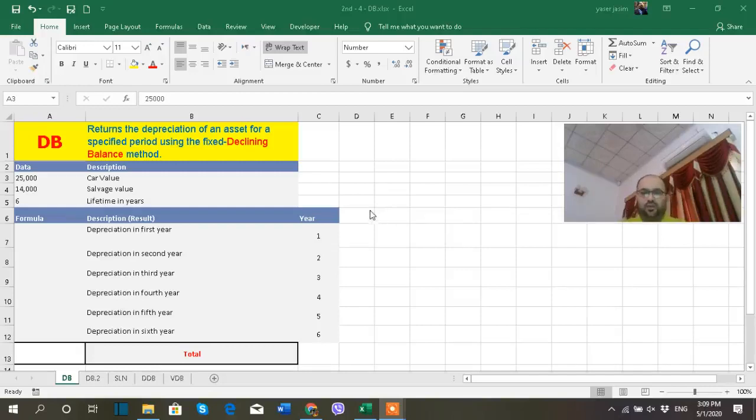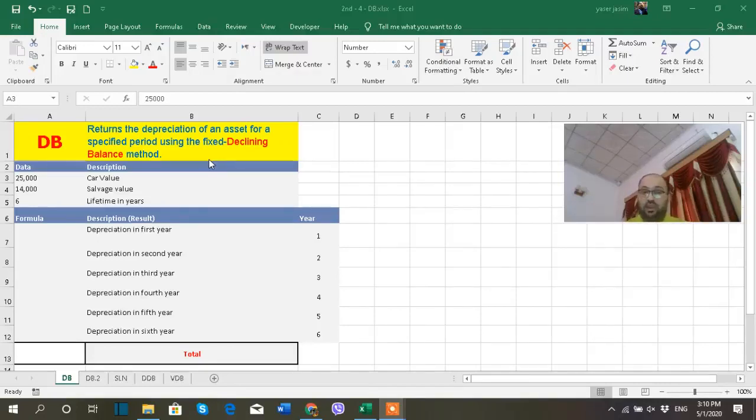First of all, we're going to start with the DB function, which returns the depreciation of an asset for a specific period using a fixed declining balance. I'm going to give you in this lecture and further the four basic methods that you're going to use to calculate your depreciation. We have the fixed declining balance, which is used with the DB function.